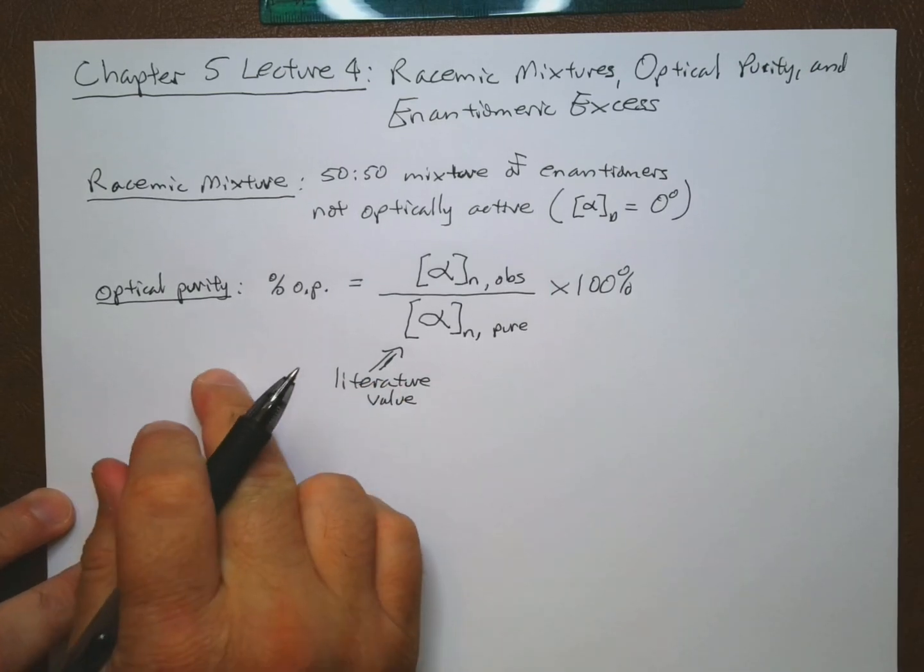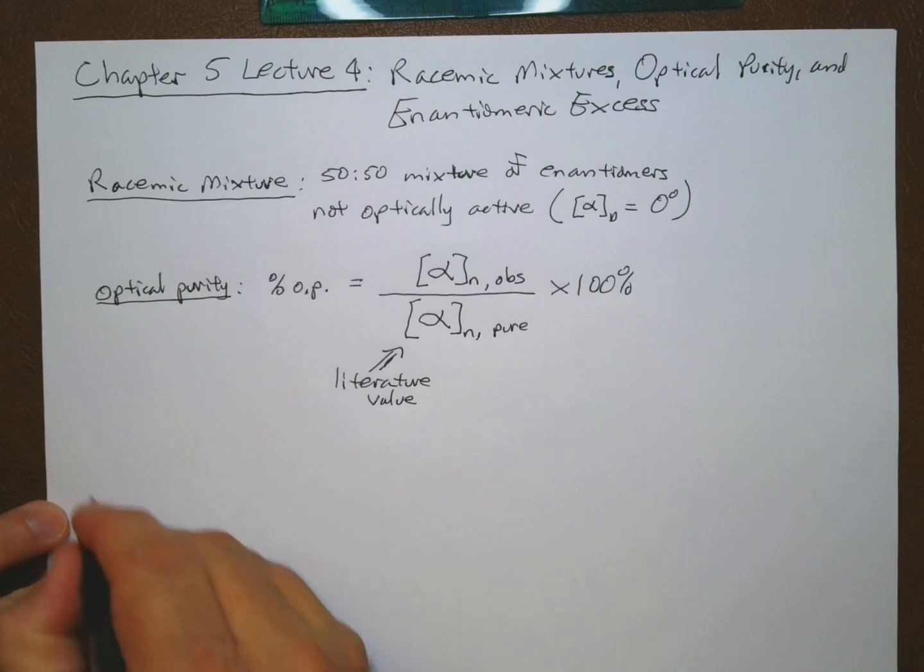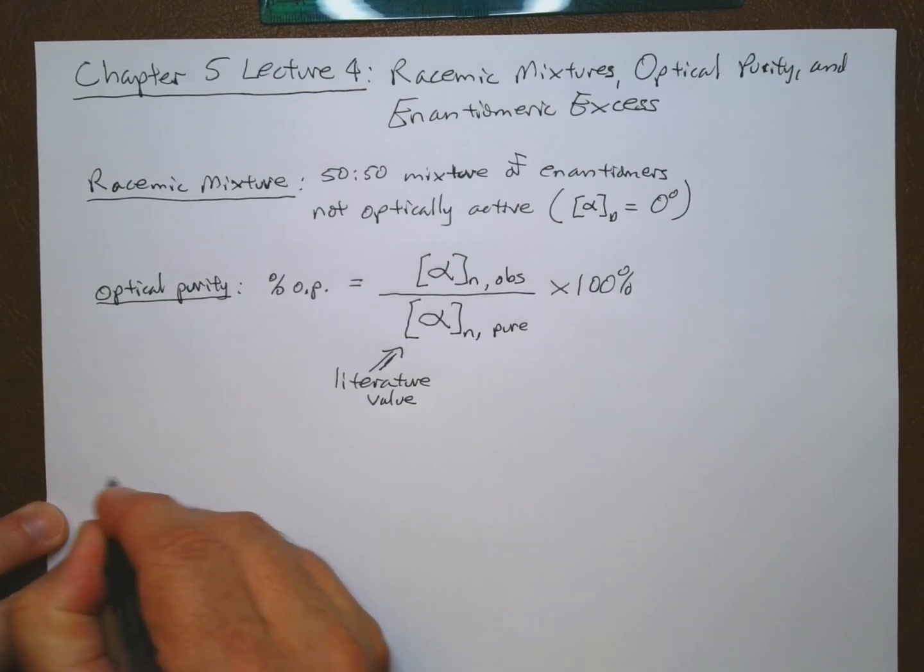Now, that leads to the next term I want to define, which is enantiomeric excess.